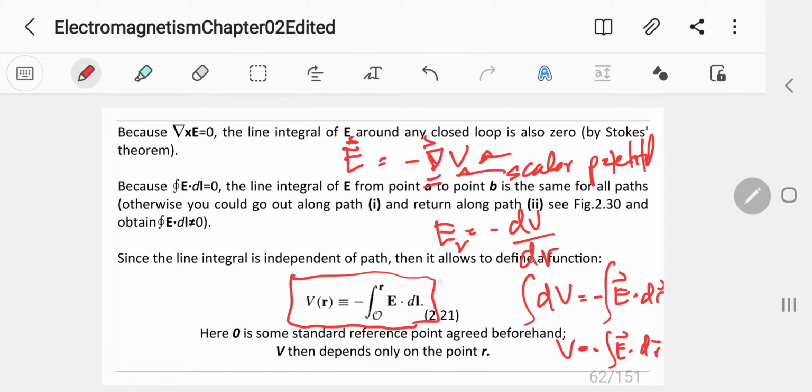We have to specify that at some standard reference point the potential would have to be finite, or in the case of potential at infinity, we can set the value at infinity to be 0, so that our potential would just be a function of r.